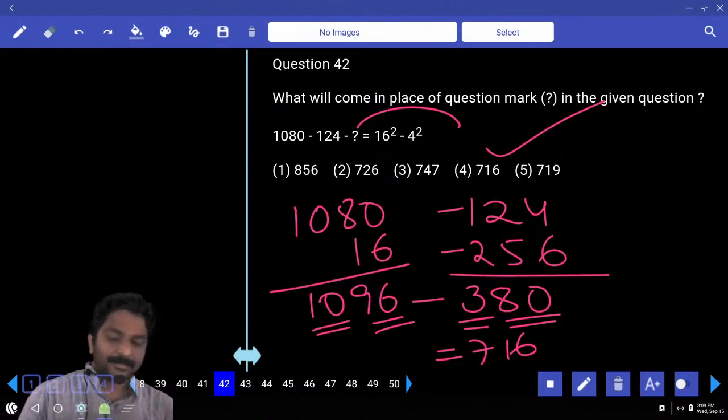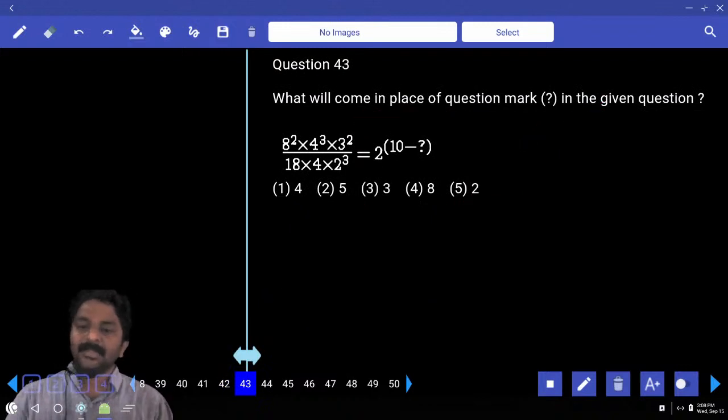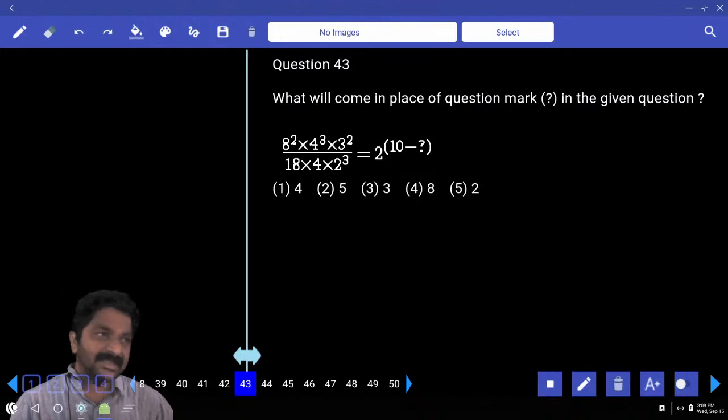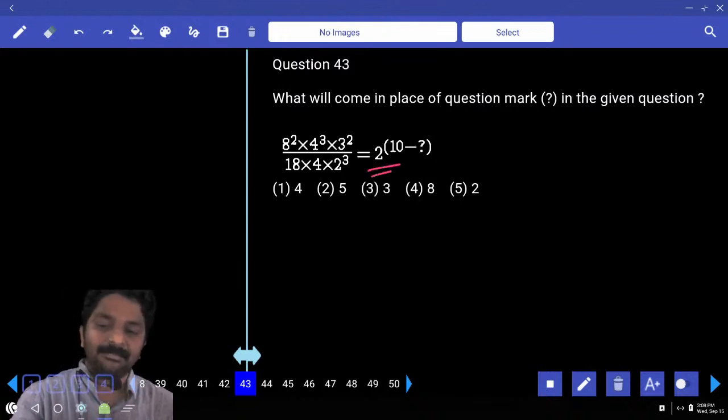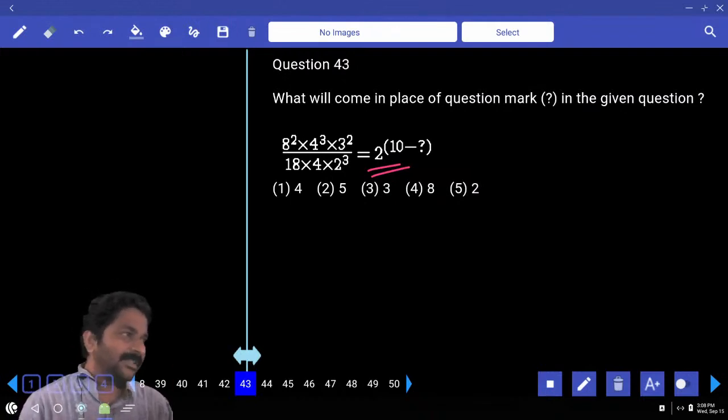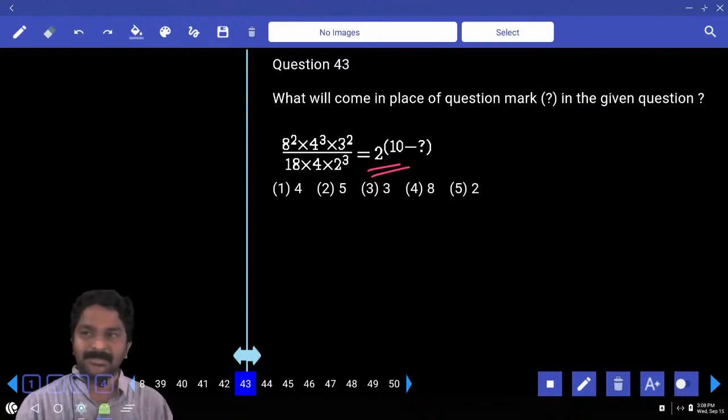Is it clear? Next. Right hand side, your x value is an exponent and 2 is the base value. So left hand side I would like to concentrate only on powers of 2, not any other number. You may have a 3 multiple, 5 multiple, 7 multiple, something like that. But your question mark is related to only 2 power something.